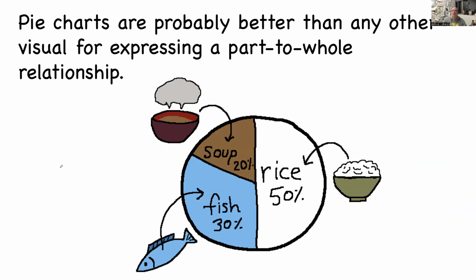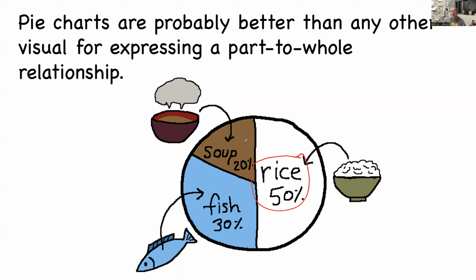Pie charts are probably better than any other visual for expressing a part to whole relationship. For example, if you look at this pie, you can see right now rice is the biggest part. It's easy to see. You don't have to look at numbers or lines.